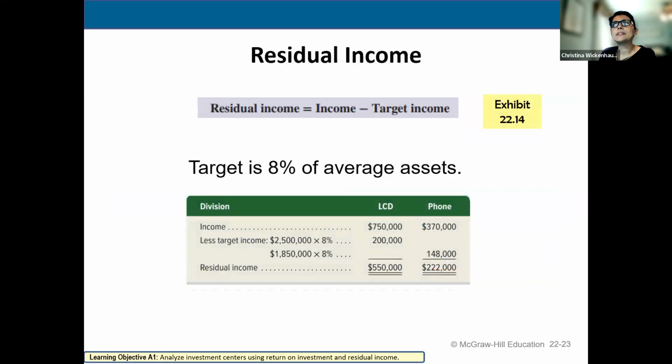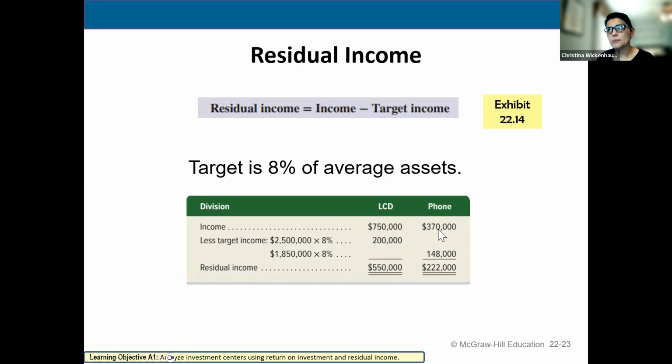All right. So our residual income is our income minus our target. It's kind of like what's left over after I've hit my target. And so if my income here is 750,000 and my target is going to be 8% of 2.5 million, so they're going to say 200,000, my residual is going to be 550,000.